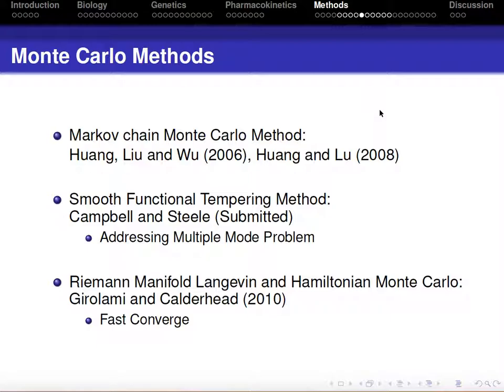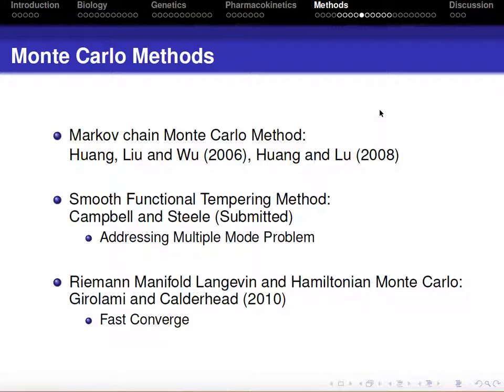Basically, they put a prior on the ODE parameters and then come up with the posterior on the ODE parameters. Of course, there's no closed formula for this posterior distribution, so they use MCMC to do the sampling. This is the first method we can use.